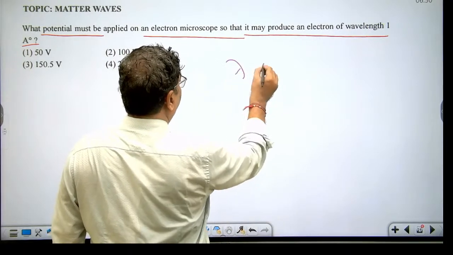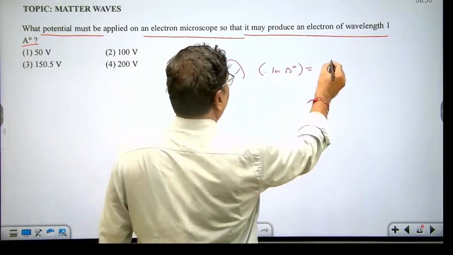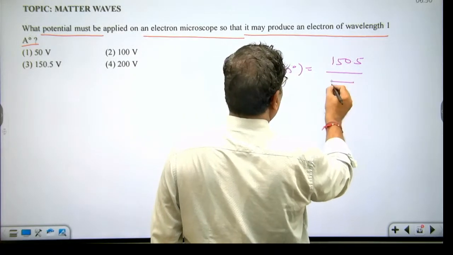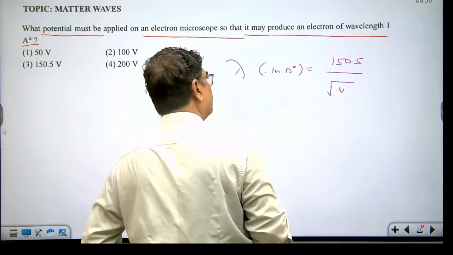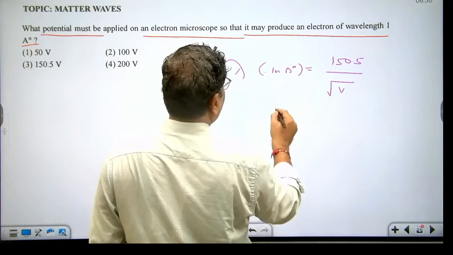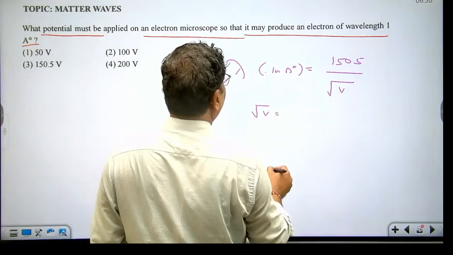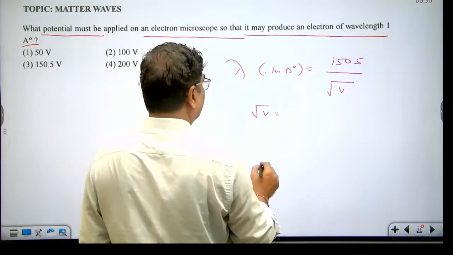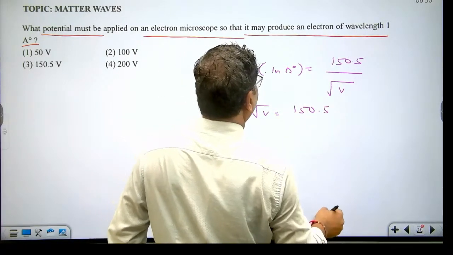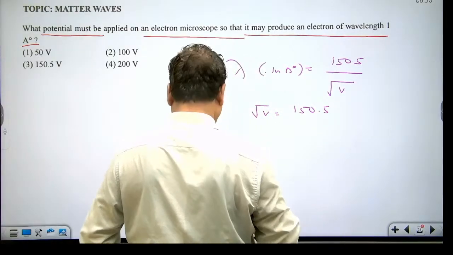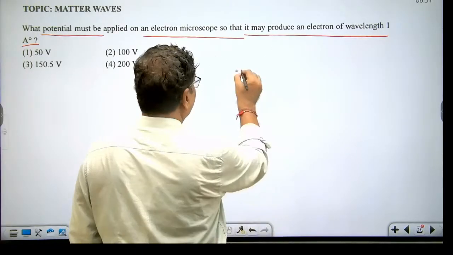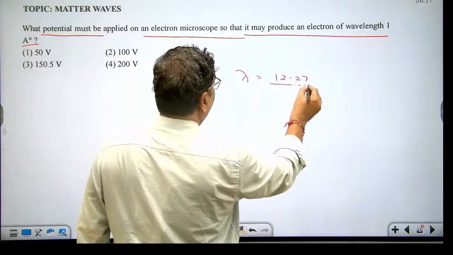The general formula for lambda in angstrom is 12.27 upon under root V angstrom.